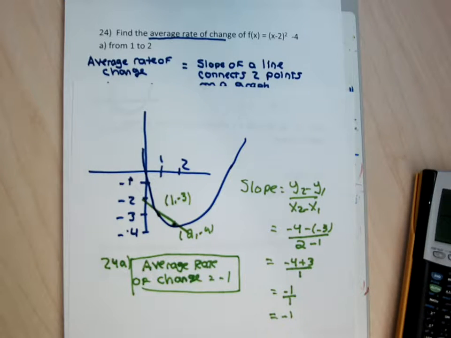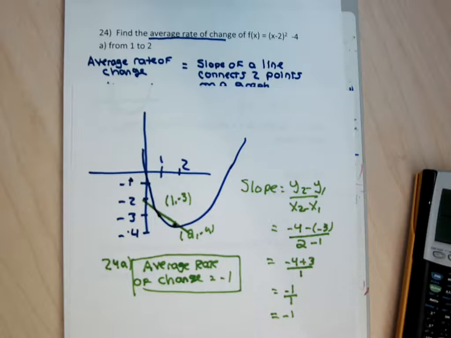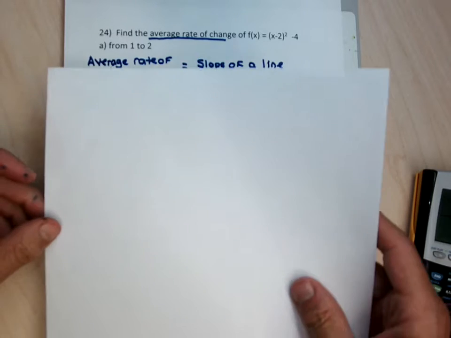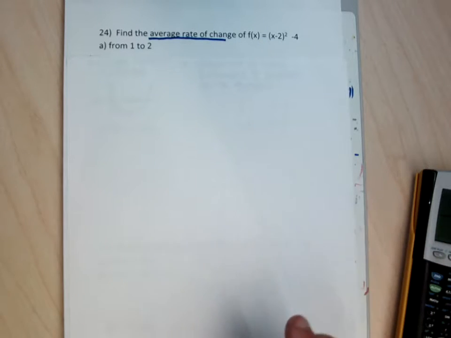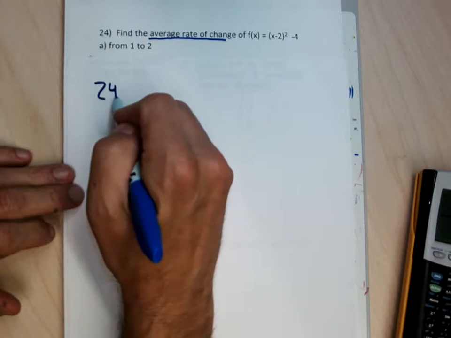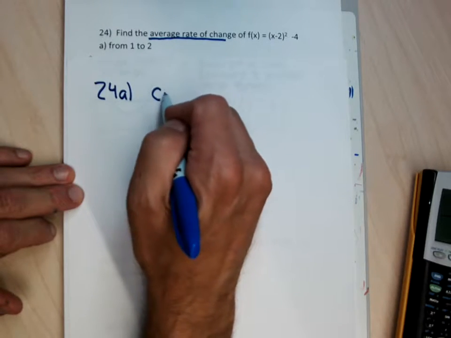We're trying to find 2 points on the graph of a function, where the function isn't a line, and we're going to find the slope of the line that connects those 2 points. And we don't need to do any of this graphically. So I know the answer to 24a is negative 1. If I didn't use my calculator, I can get the entire problem accomplished. So if this was a test question, what I'd expect you to do is to first, as I go to do 24a, create 2 points.